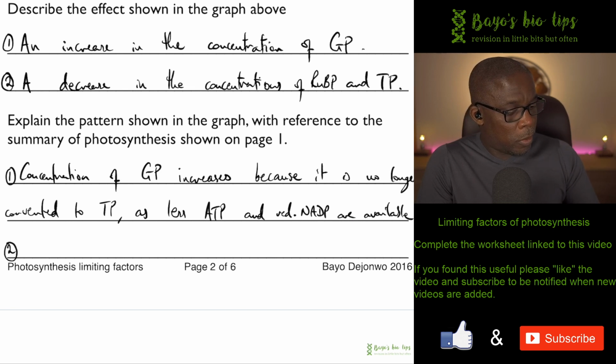And then we'll talk about why the concentrations of RUBP and TP decrease.